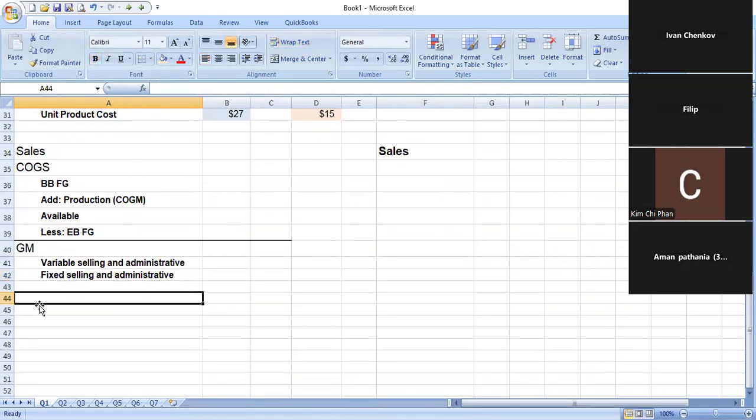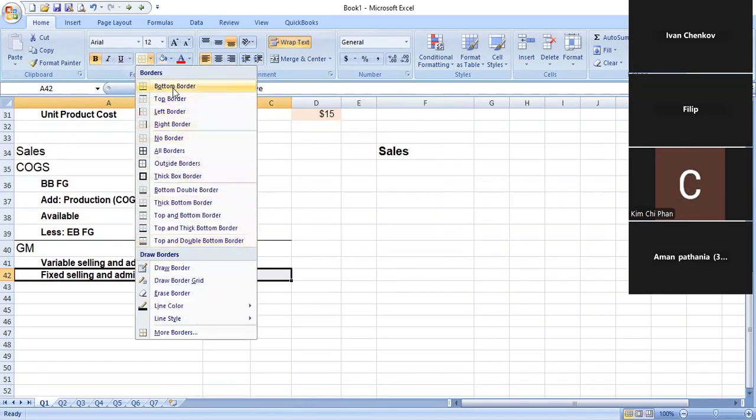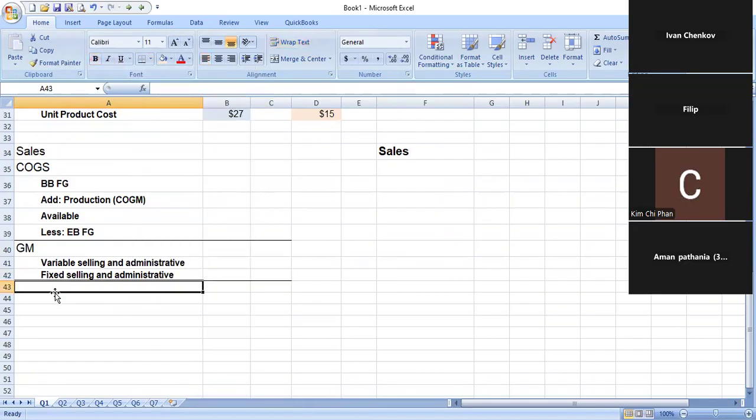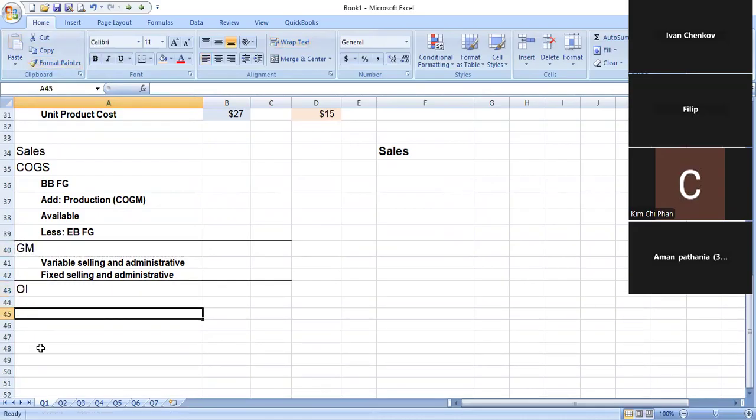Make sense? Yes. Once I get those two, I'm going to get my total, and my last thing is my operating income. I don't want it there, I want it right here in the beginning. And we're done.